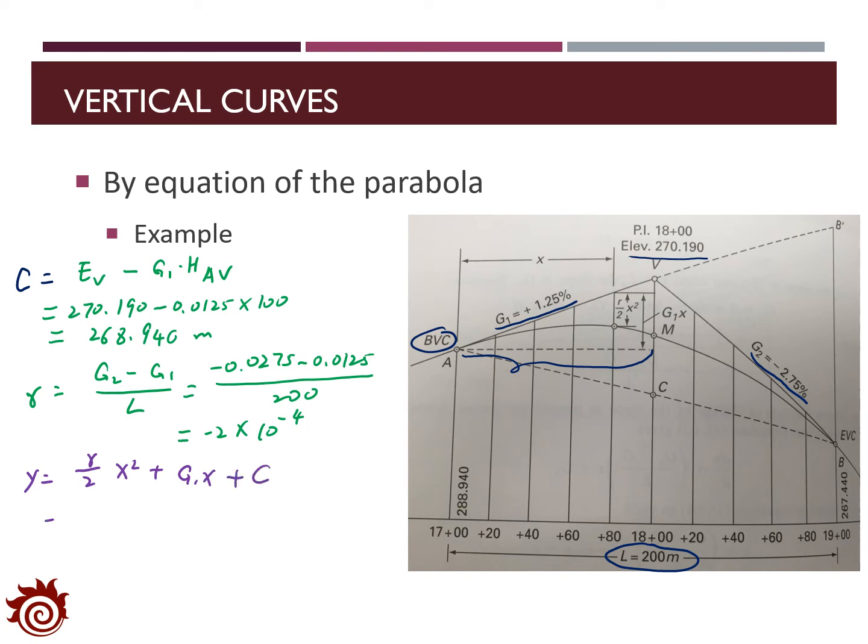In this case, we have minus 0.0001 x squared plus 0.0125 x plus 268.940. So this would be the equation to describe the designed vertical curve.